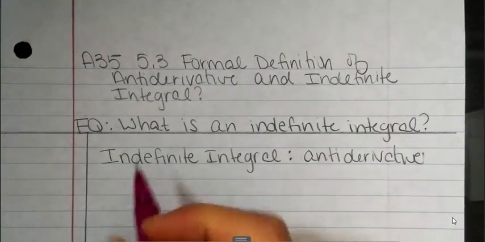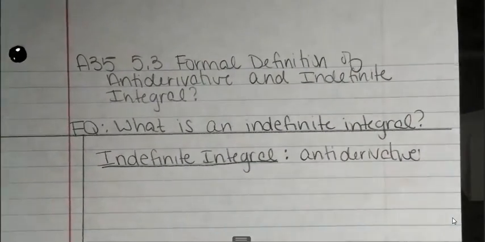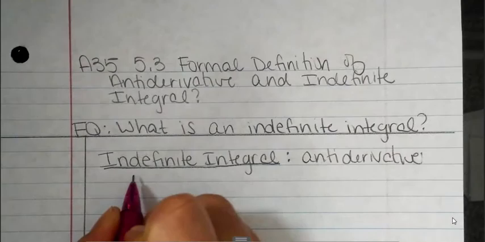Eventually we'll cover definite integrals, which you'll see why they're different. But right now we're doing indefinite integrals, which are basically just antiderivatives. So it's a function whose derivative is given.